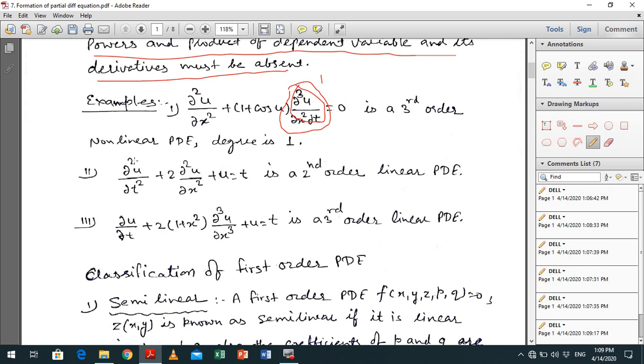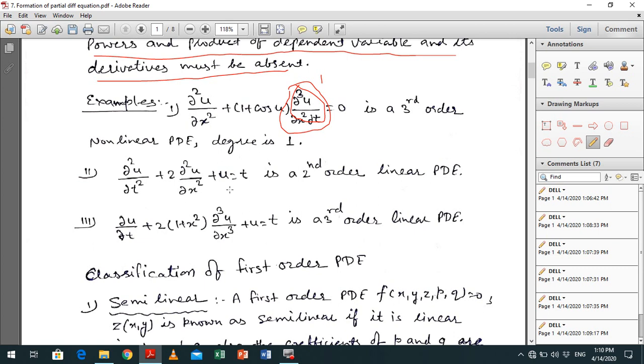In the second example, del 2u upon del t square plus 2 del 2u upon del x square plus u is equal to t. Here again the dependent variable is u, the independent variables are x and t, and the highest order derivative terms are del 2u upon del t square as well as del 2u upon del x square.